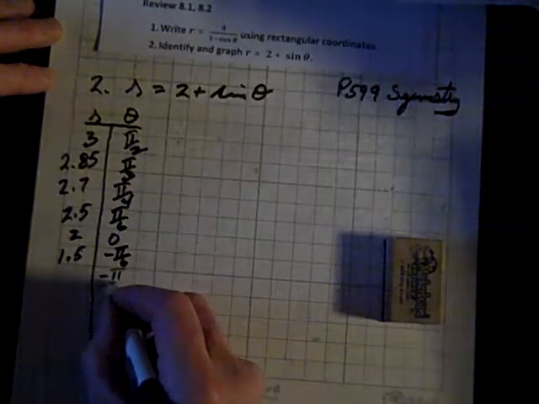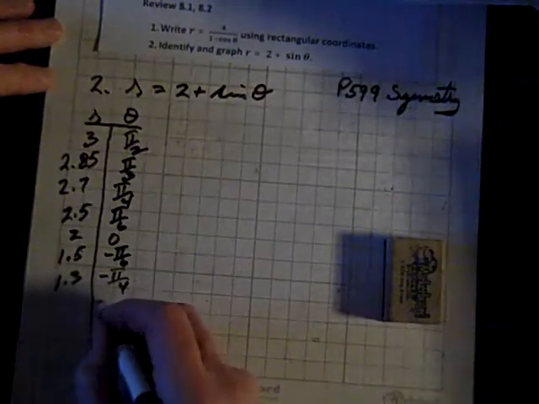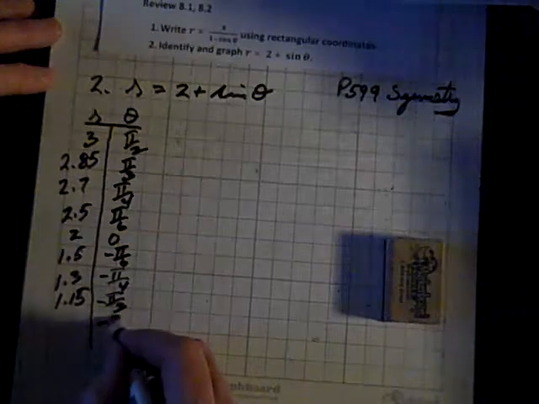If you go to negative pi over 4, that'll be 2 minus 0.7, which is 1.3. If you go to negative pi over 3, you'll be 2 minus 0.85, which will be 1.15. And at negative pi over 2, that's negative 1, and 2 minus 1 is 1.